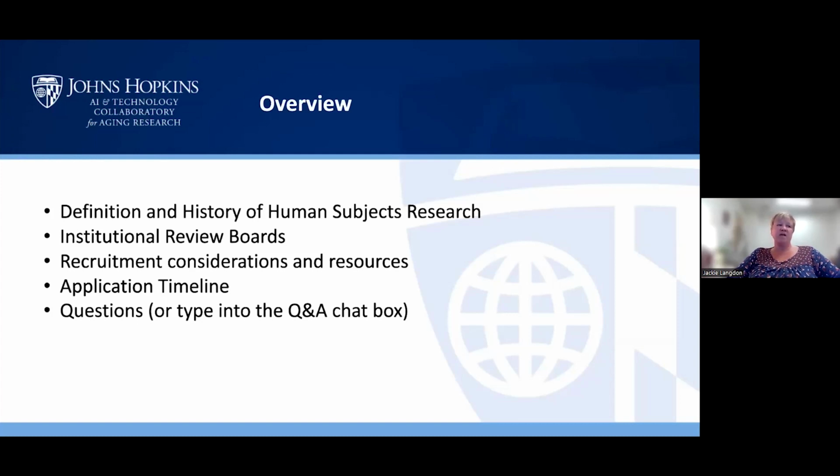We'll go over the application timeline in respect to some of the concepts we talk about and how those fit in. I'll take questions at the end. There should be plenty of time for that. In the meantime, feel free to type your questions in the Q&A box, and Weicker will be monitoring that. She may answer some directly, or she may stop me and I will answer in real time.